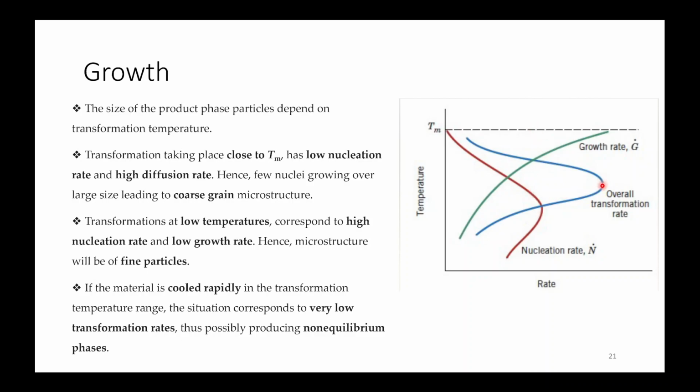If growth rate is high, transformation rate high, meaning you'll be completing your entire transformation very fast, like up to 10 seconds you'll be getting your entire material transformed. But if your desirable microstructure is fine structure, then you won't want your transformation to complete in very less time. It depends on what type of properties you require.